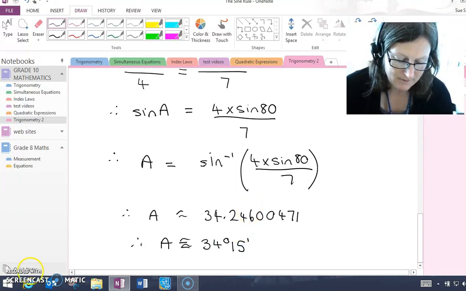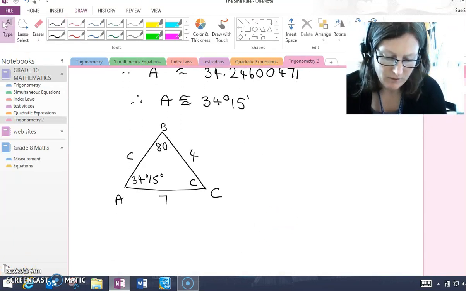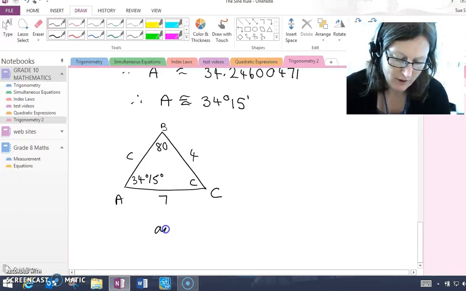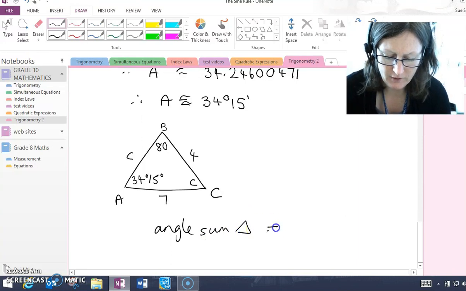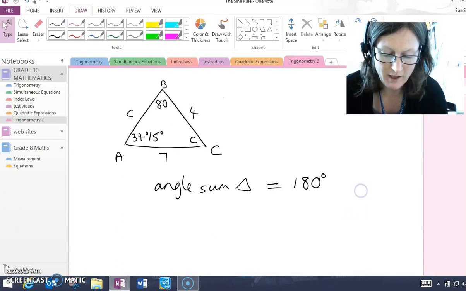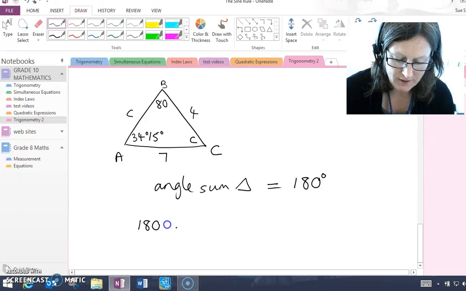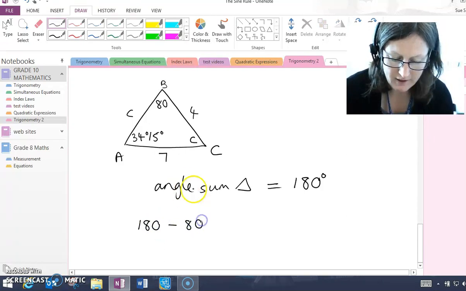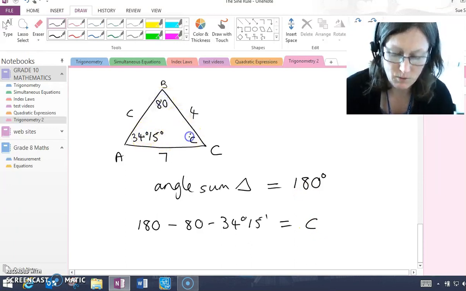The second part of the question asked me to find angle C. I need to remember that the angle sum of a triangle is 180 degrees. So the three angles of a triangle add up to 180 degrees. The easiest way for me to find angle C is to get 180, take away the 80, take away 34 degrees 15 minutes, and that gives me angle C, because these three angles add to 180.